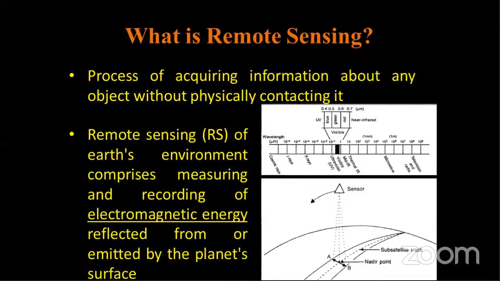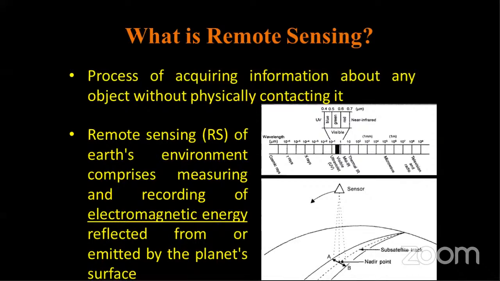First, looking at remote sensing as a science, what is remote sensing? It is a process of acquiring information about an object without physically contacting it. This is the general definition of remote sensing.